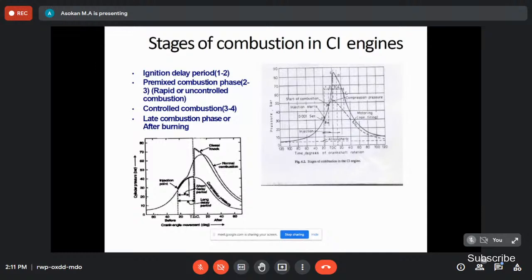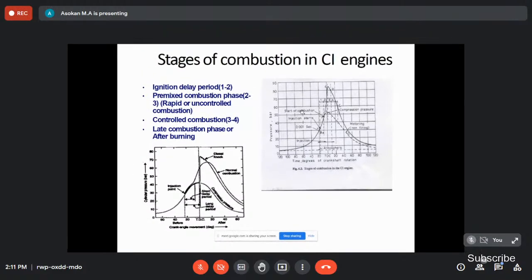After that, this is uncontrolled combustion, so the pressure suddenly increases. After that, it's the controlled combustion, where the maximum amount of fuel attains the ignition temperature, so the process is controlled.